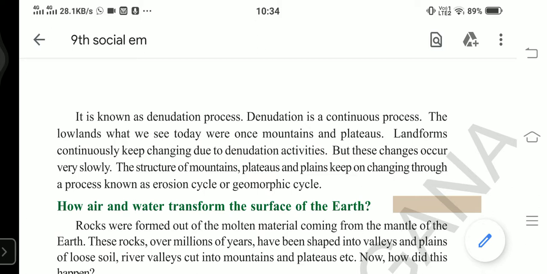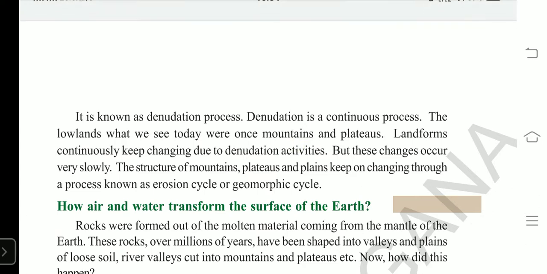Aravali mountains are the oldest folded mountains. Himalayan mountains are the youngest folded mountains. What do you mean by youngest? Which formed recently, some 220 million years ago. Right? It is surprising, no? Just 220 million years ago, Himalayan mountains have formed. Those are new folded mountains. We call them youngest folded mountains.